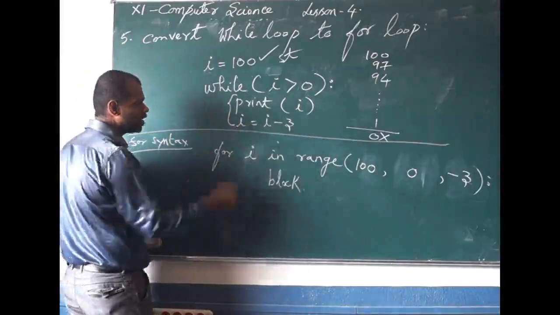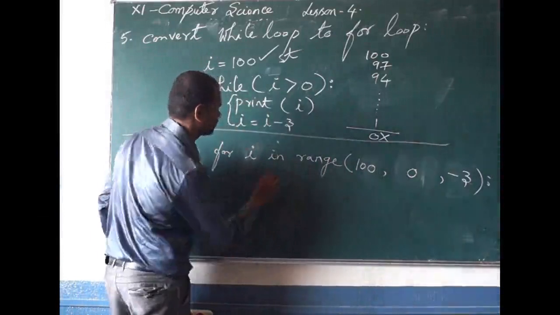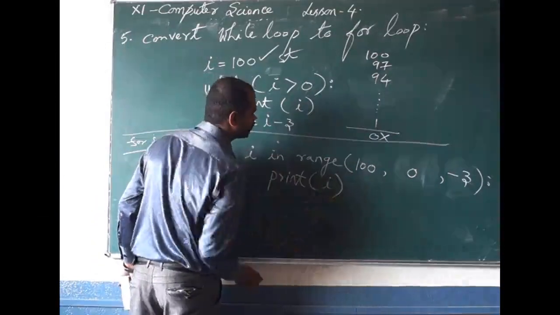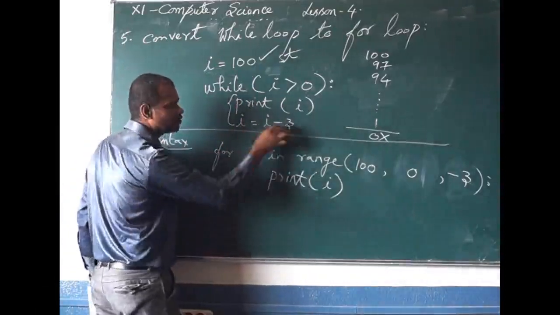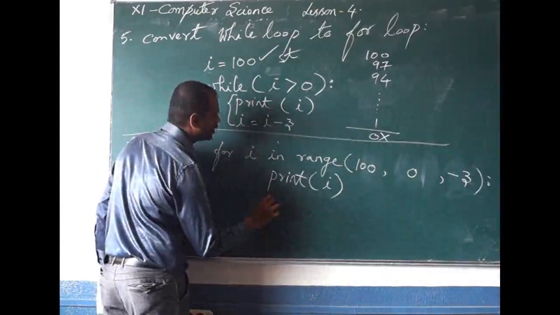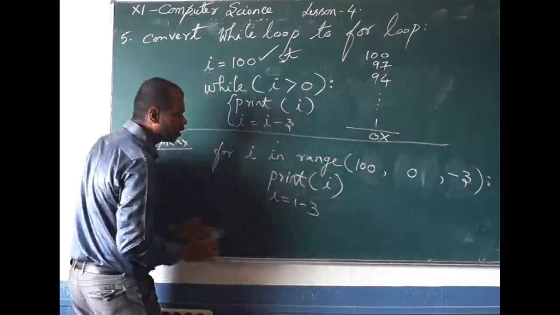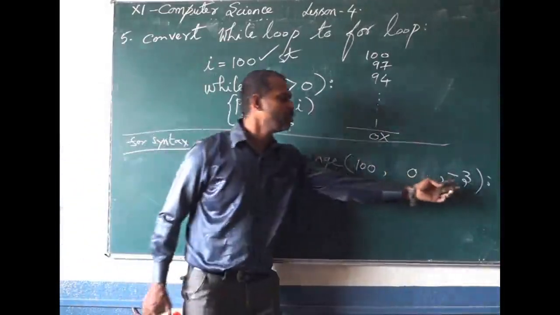Okay, so the block in the while is this. Instead of the block you have to write print I. I is equal to I minus 3: here no need to write this part, because already we have given minus 3.